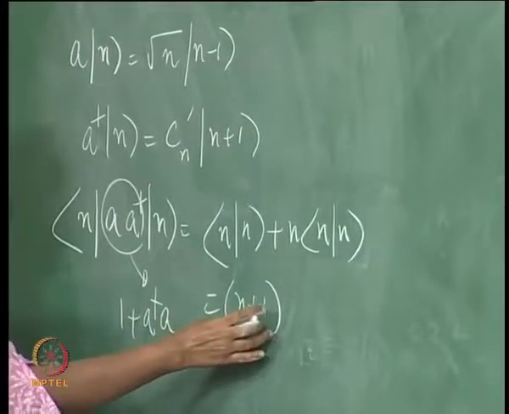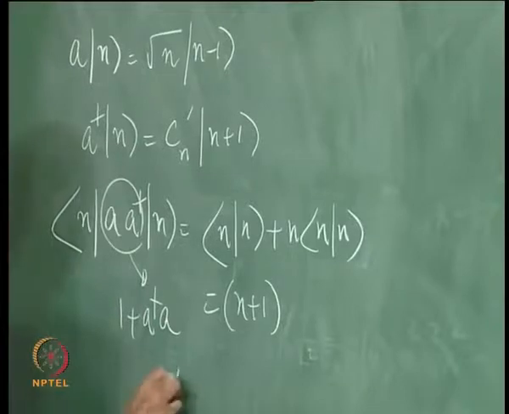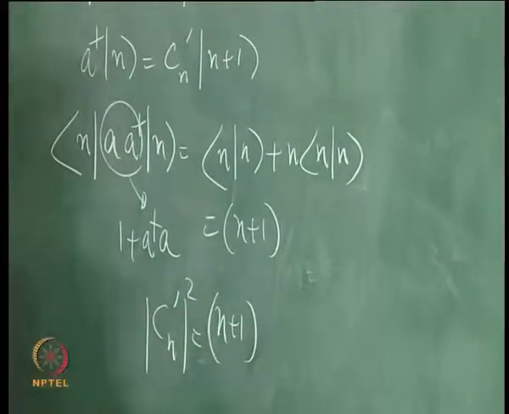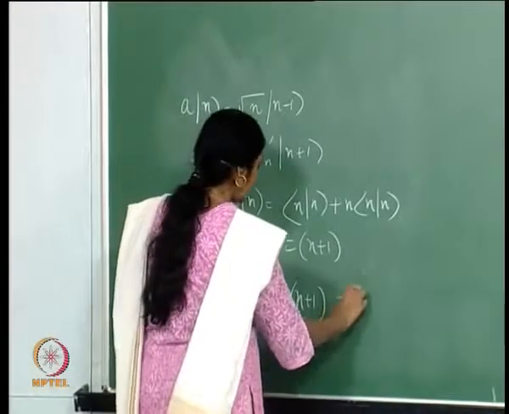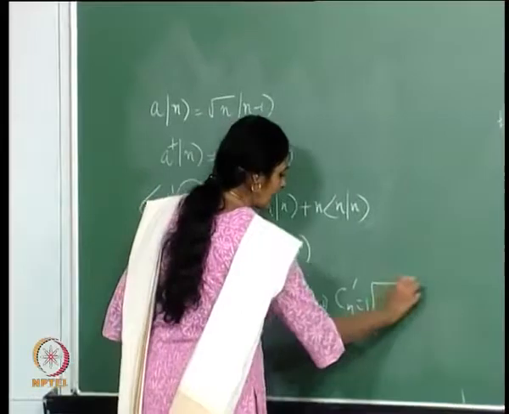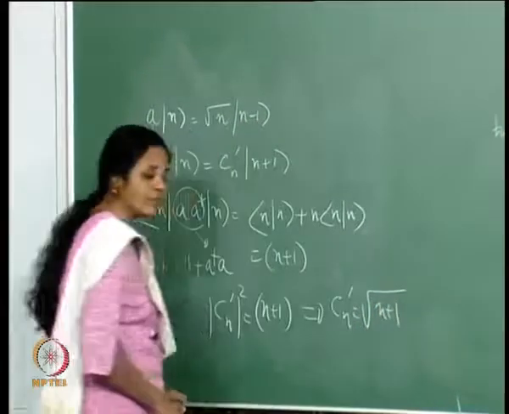So, I have |C_n'| squared equal to n plus 1, which implies that I can choose my C_n' to be root of n plus 1.